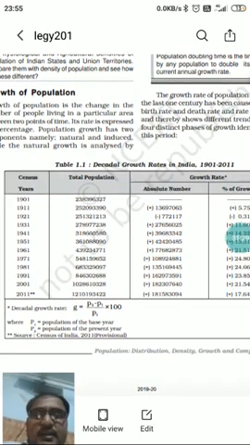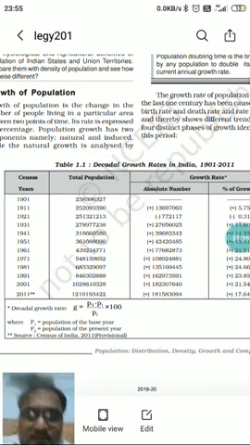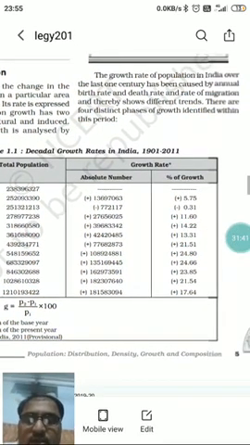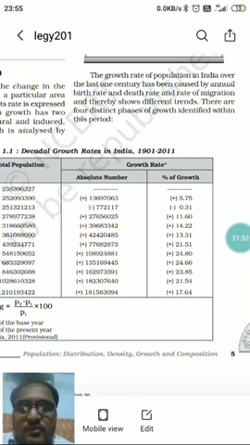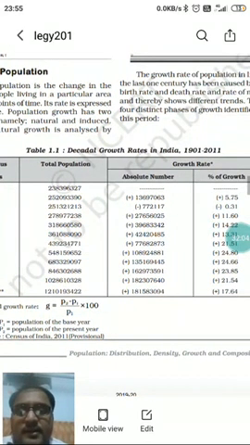This is all about decadal growth rate in India from 1901 onwards. Here you can see that it is given in terms of absolute number and in terms of percentage growth. In the absolute numbers, always there is a positive sign, there is only a negative sign at the time of 1921 to 1931.